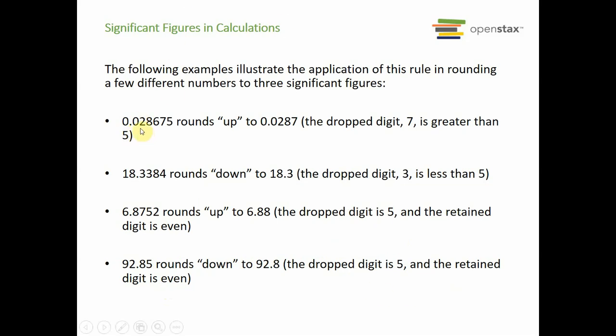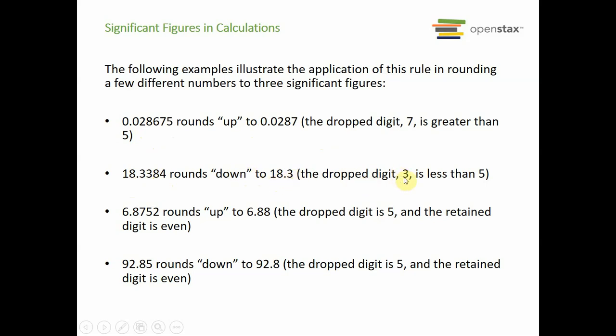So 0.028675 rounds up to 0.0287. The dropped digit 7 is greater than 5. 18.3384 rounds down to 18.3.